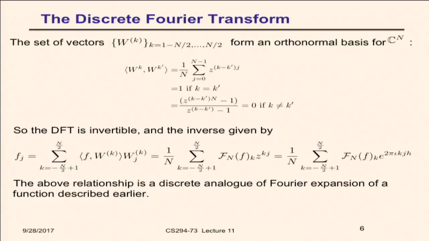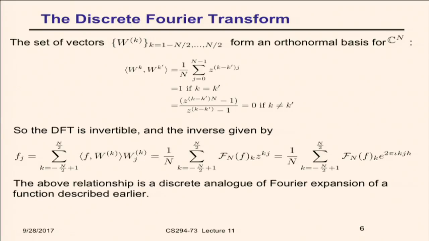The DFT, the discrete Fourier transform, is invertible, and you get f_j back by just writing out what f_j is in terms of expansion coefficients, f inner product w_k, multiplied by w_kj.